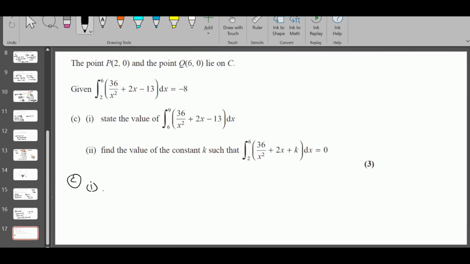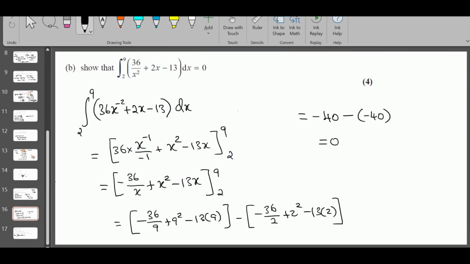In the previous part, we have proved that the integral from 2 to 9 of the same function is equal to 0, right? That's what we proved in part B, right?